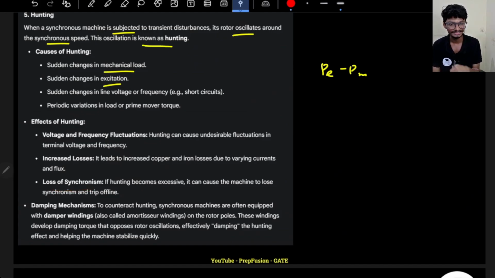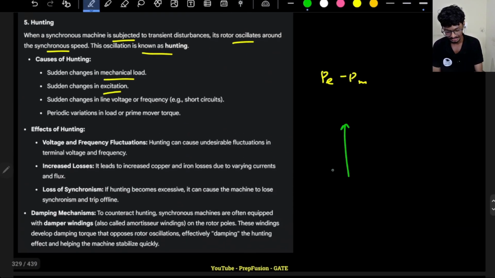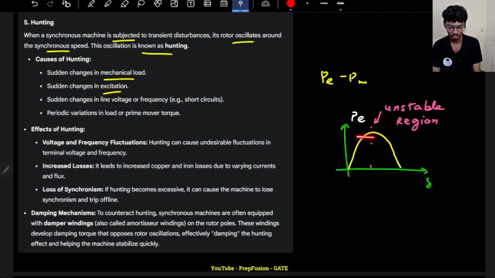Loss of synchronism, so synchronism can be lost. If I'm near the unstable region, this is my delta, this is my PE, if I'm near here, near the unstable region, then even if there is a slight disturbance, it will not oscillate anymore, it will go back directly.